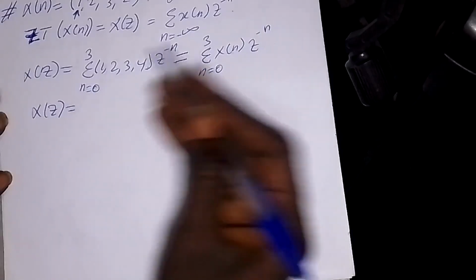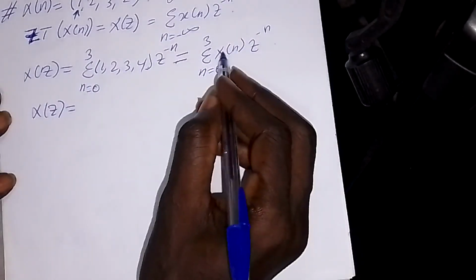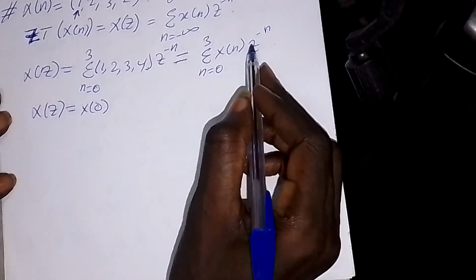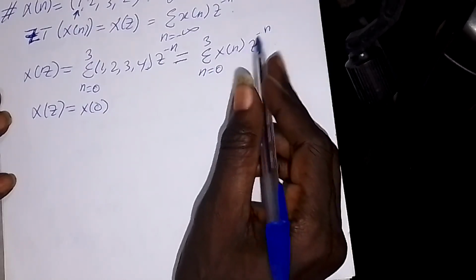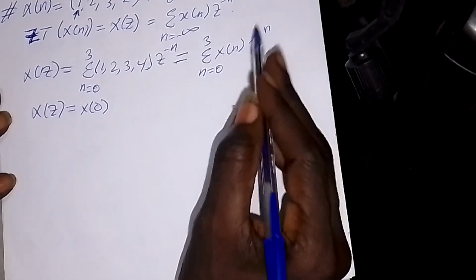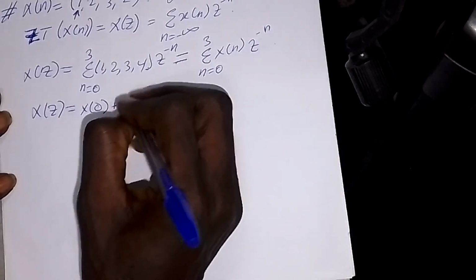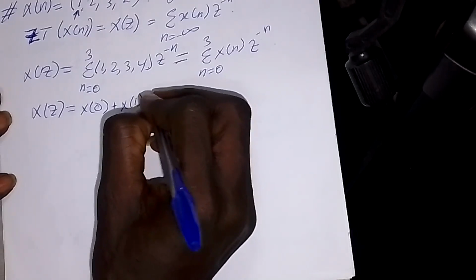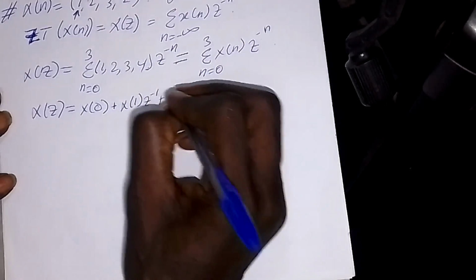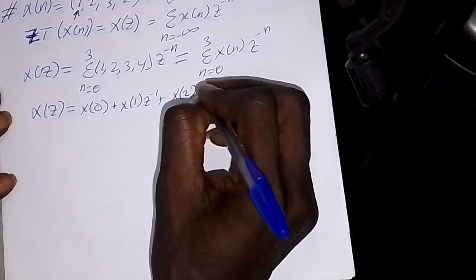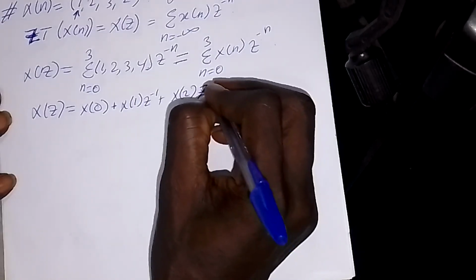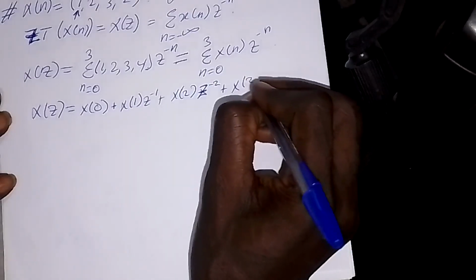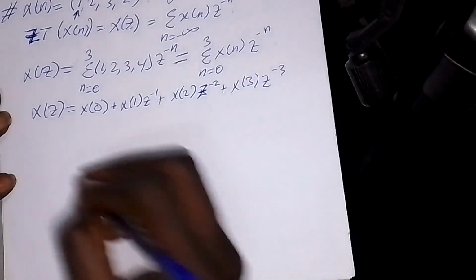If I'm expanding this, I'm going to have x of 0, z to the minus 0 (which will not be important, so I don't have to put that one), plus x of 1 z to the minus 1, plus x of 2 z to the minus 2, plus x of 3 z to the minus 3. Okay, so that's what I'll have.